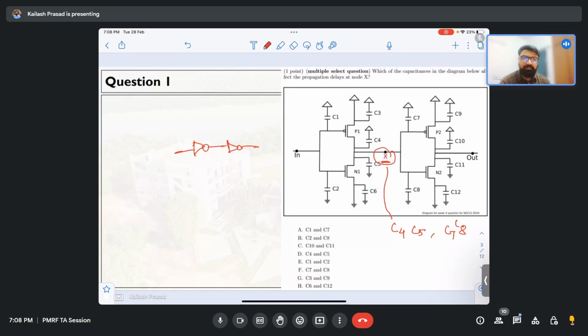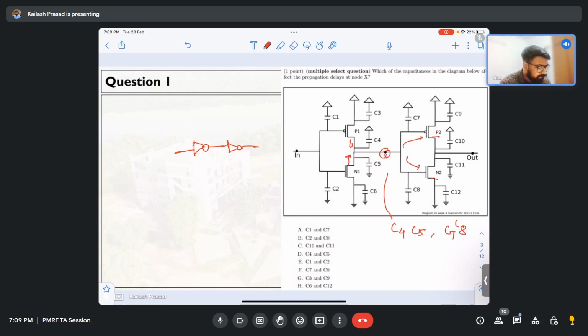Now why is this the answer? This node X is connected to the drain of P1, the drain of N1, then the gate of P2 and the gate of N2. When you try to find which capacitances contribute to a particular node, you have to understand which nodes you are connected with. X is connected with 4 nodes: drain of P1, drain of N1, gate of P2, and gate of N2.